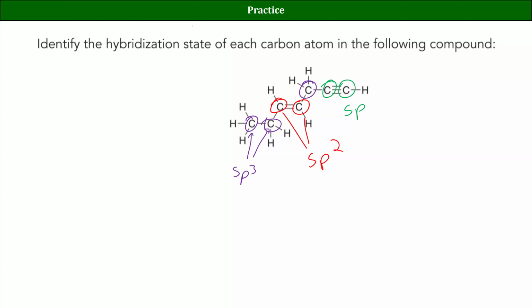We'll try and get better about the colors, but it's one of those things that takes a little bit of practice. We're going to use these terms really quickly to say, oh, the sp2 carbon is going to do this, or the sp carbon has this property. It's going to be a shorthand, so that we don't have to say trigonal planar all the time.